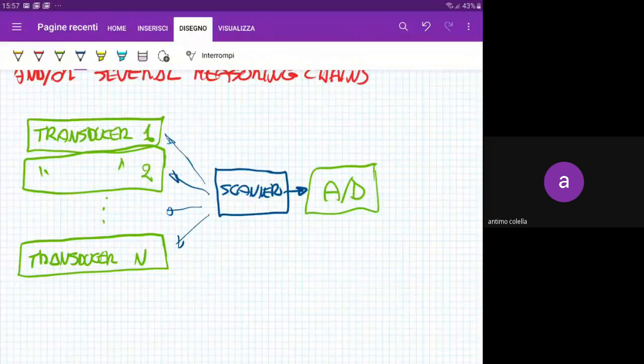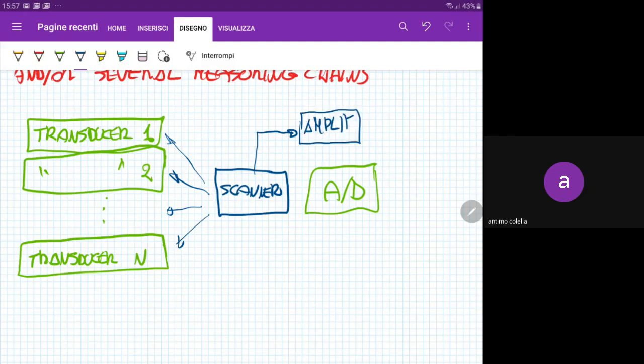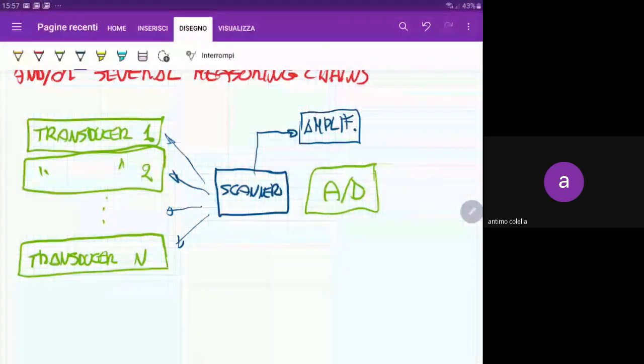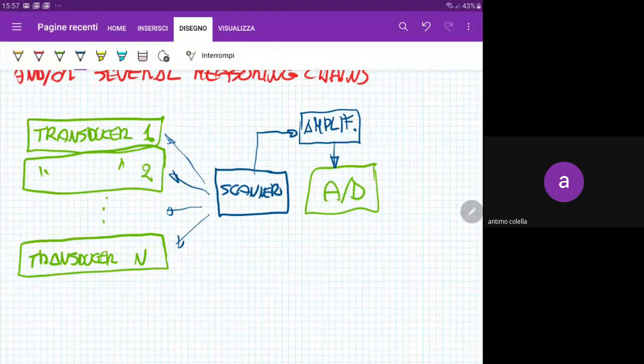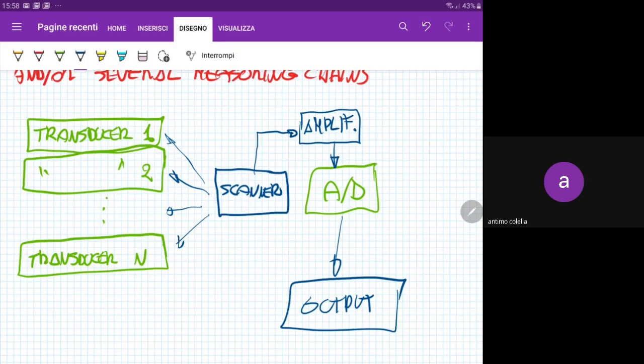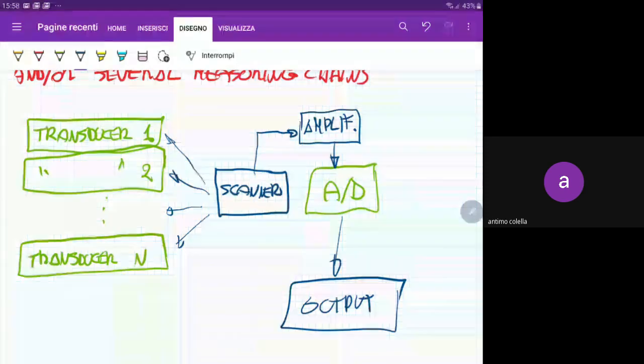For example, we have here an amplification stage, then we have an AD converter, and then your output stage, as we already talked about. But the main important point is that the scanner is having this information time after time.